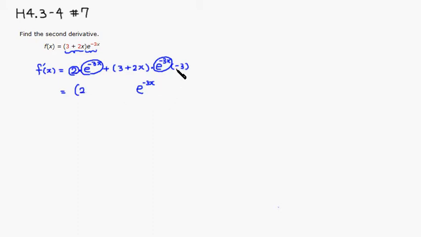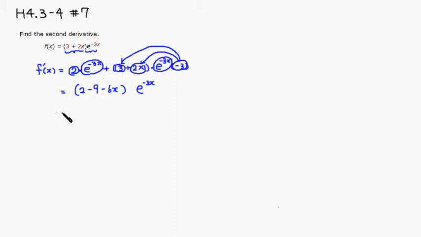Right? So we have to distribute this negative 3 to the 3. Negative 3 times 3 would be negative 9. And negative 3 times 2x would be negative 6x.